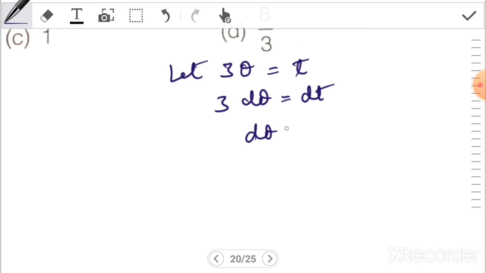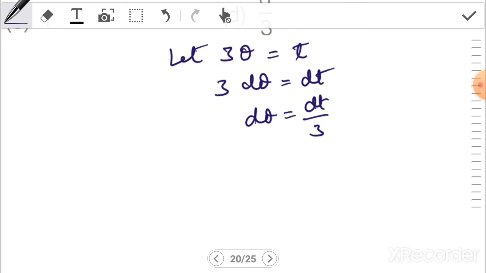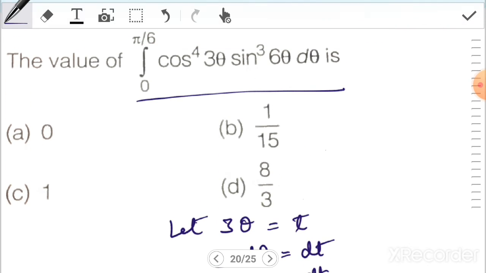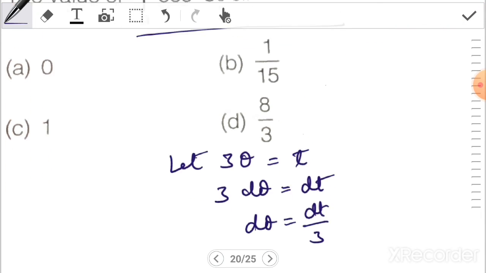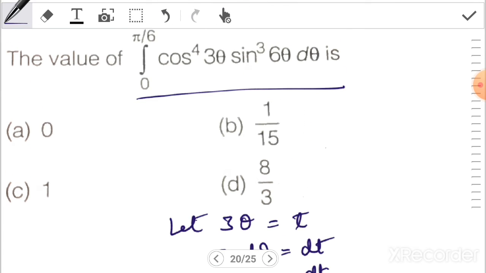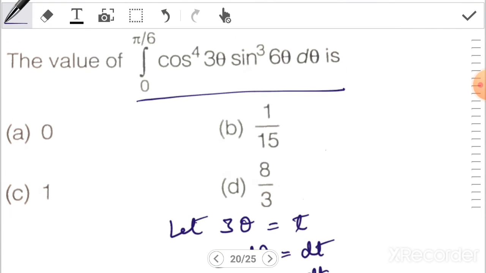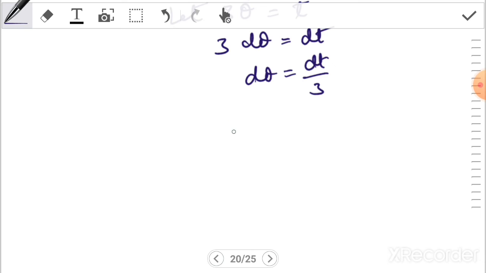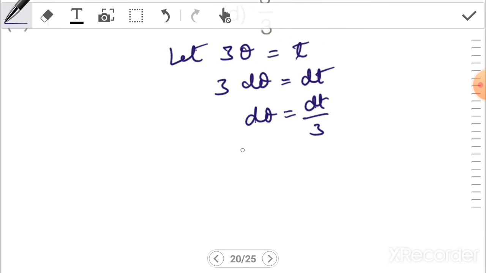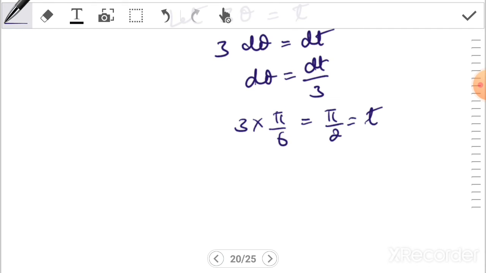That means d theta is equal to dt by 3. Now theta is varying from 0 to pi by 6. So when theta is equal to 0, t is also 0. And when theta is equal to pi by 6, t is pi by 2. So t is varying from 0 to pi by 2.